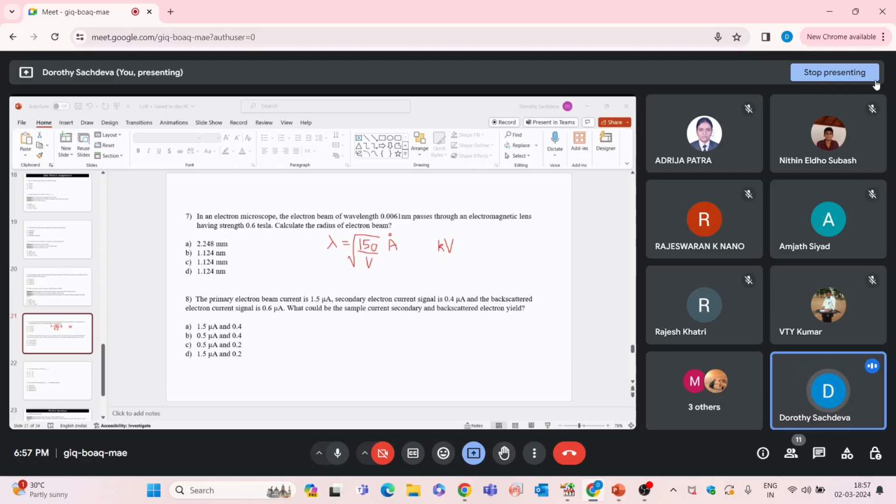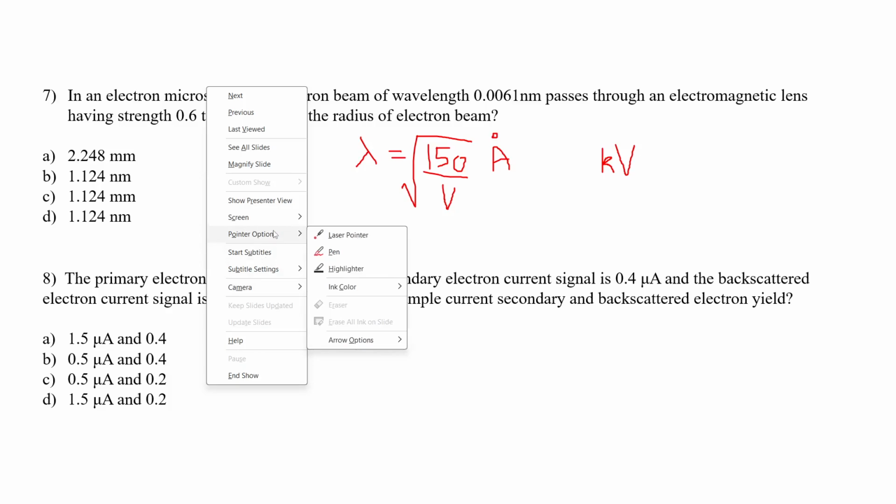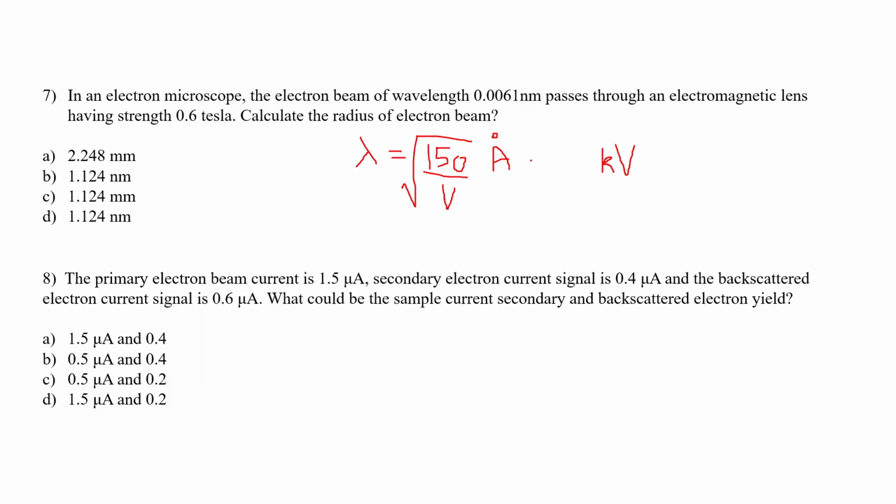So you also calculated firstly the voltage and then you came to calculate the radius of the electron beam, right? Okay. Rest all, please try to solve it. I wanted to hear from each and every one of you the answer of the next part.